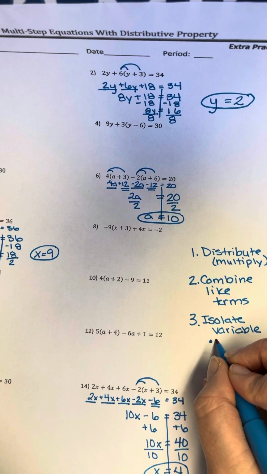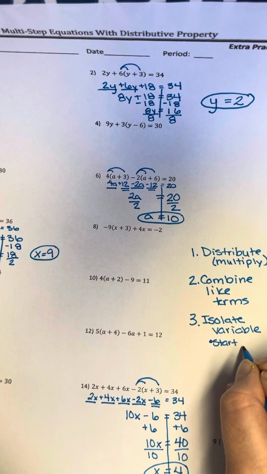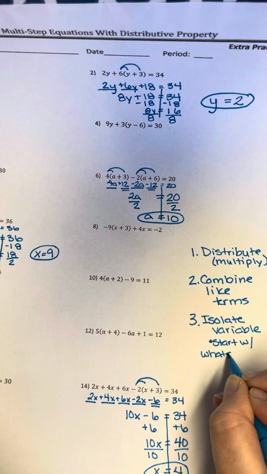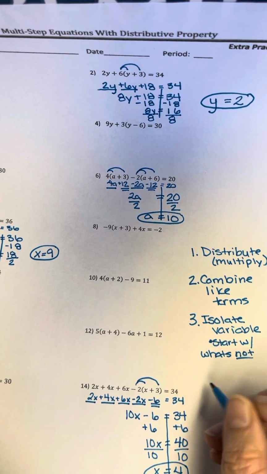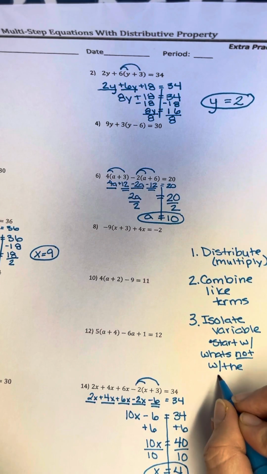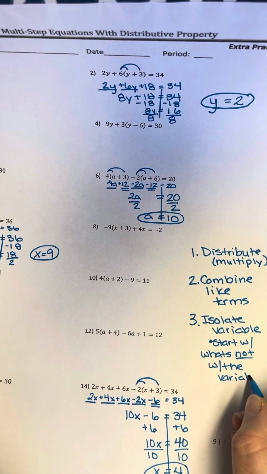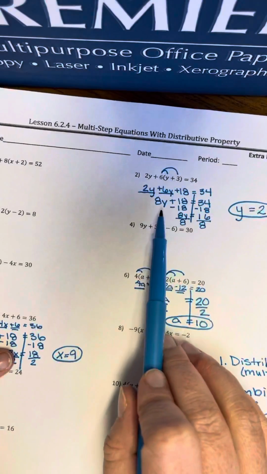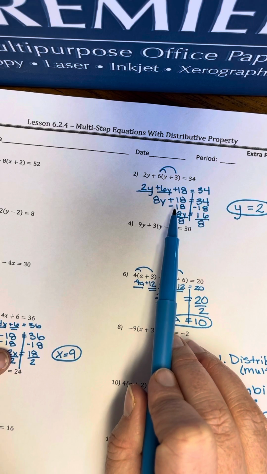Okay, so start with what's not with the variable. So just to review, remember on all these problems, once we solved them, so like this one, we started with plus 18.